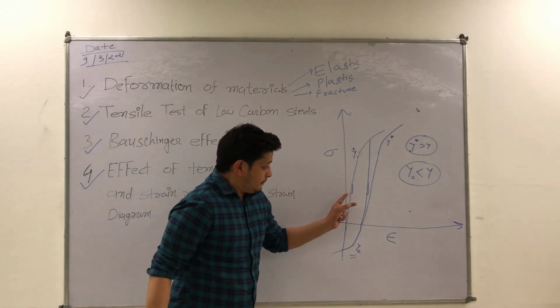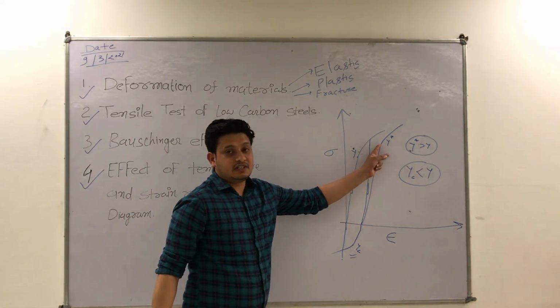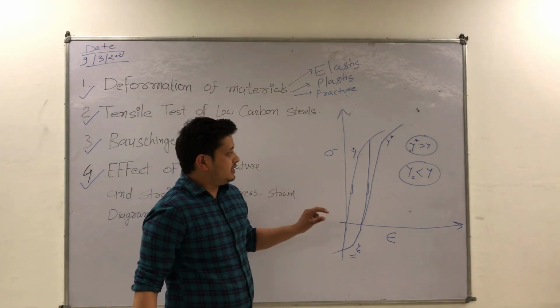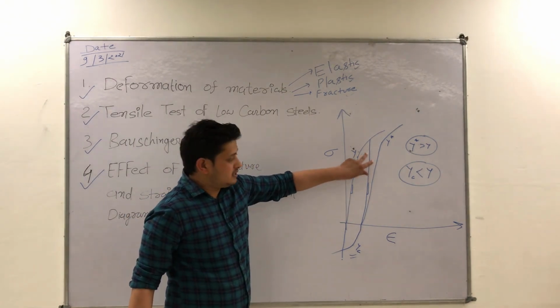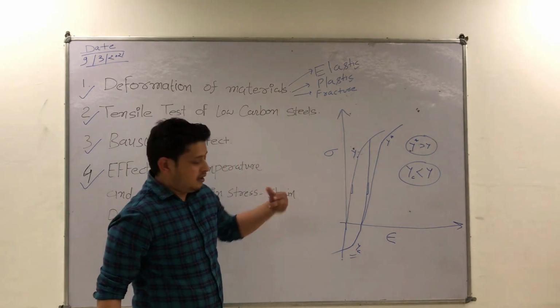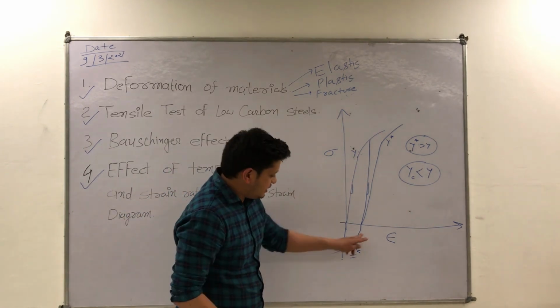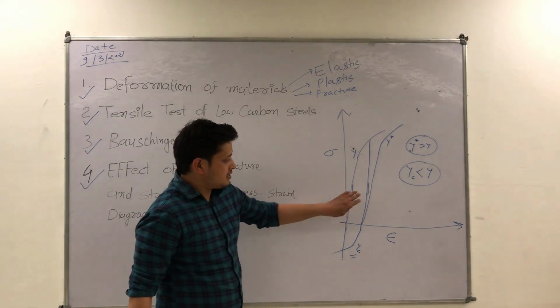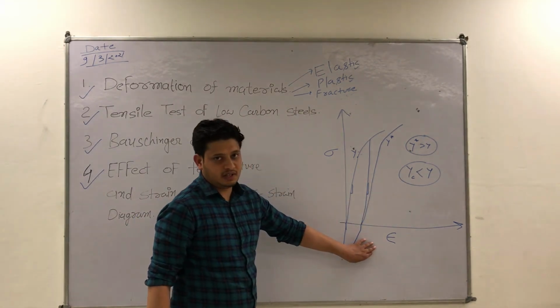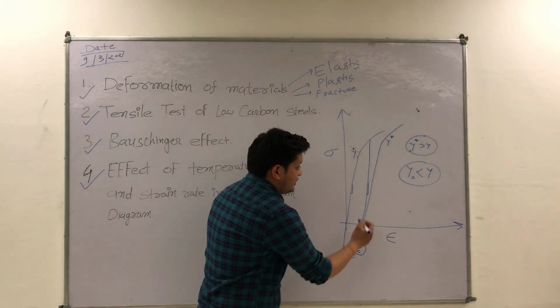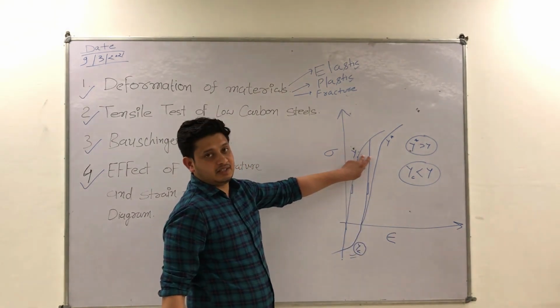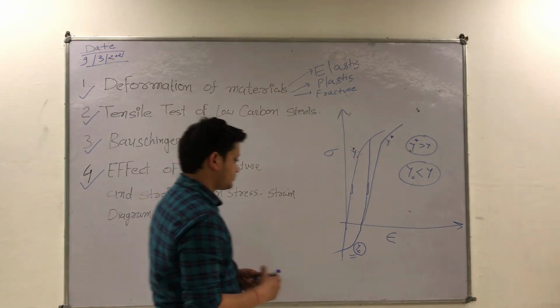Because the dislocation interaction, which generally creates a back stress in the preferred direction, acts as a preferred stress in the opposite direction. Means back stresses support the loading, so yielding occurs prematurely as compared to the tensile direction. This is known as Bauschinger effect.